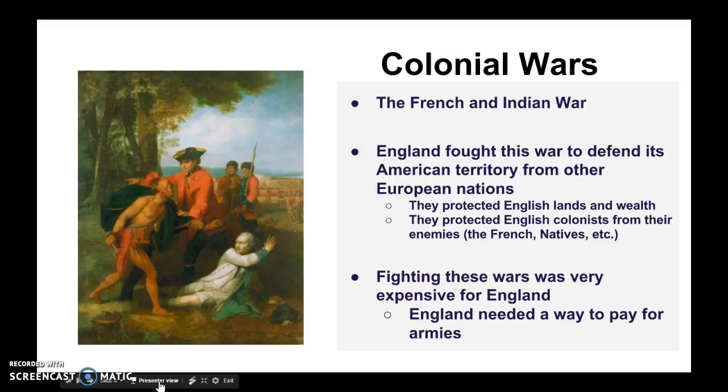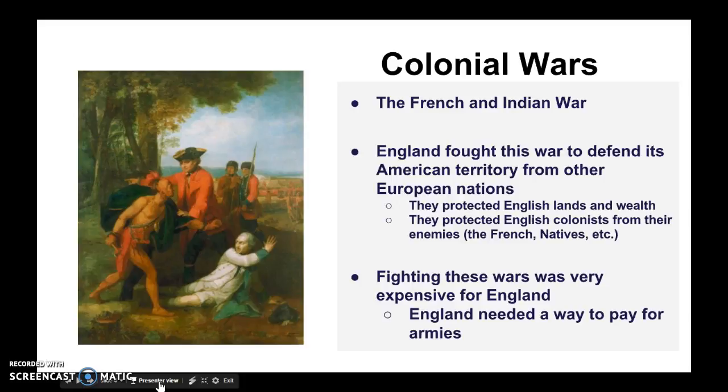This begins to change in the mid-1700s when England goes to war with some other European powers. The famous war that historians remember as kind of the big turning point is the French and Indian War. The French and Indian War was a war that was fought over land.